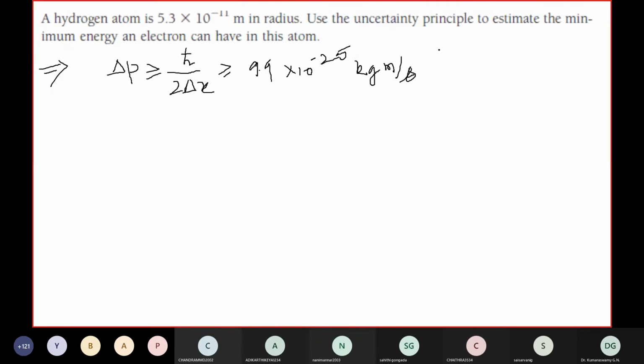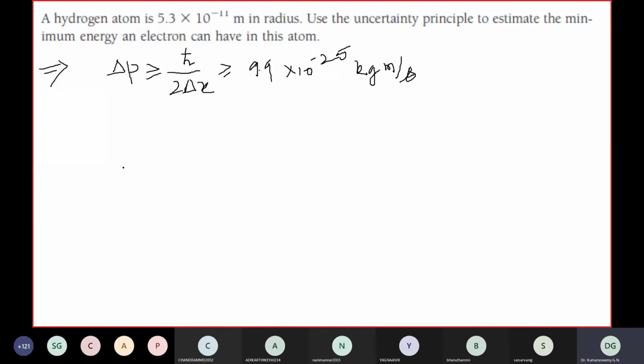Here also same concept only, sir. Same concept. Sir, it's the same as K is equal to PC, right?